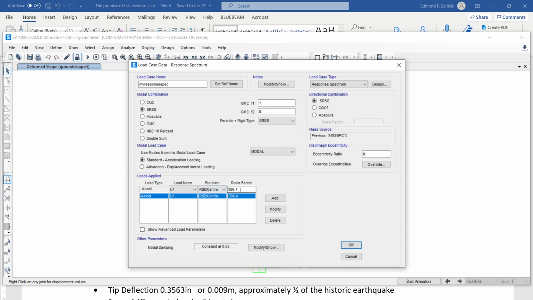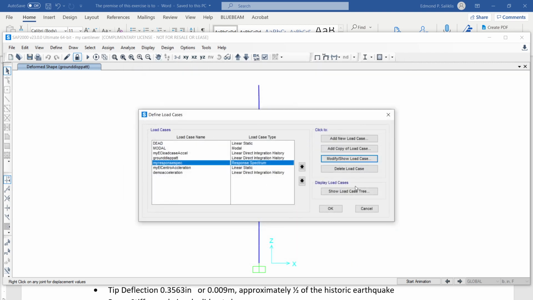And again, please put the scale factor in here. This one does use the modes. There's no direct integration here. So you want to run the modal analysis. So please do run the modal analysis at the same time as running the response spectra.